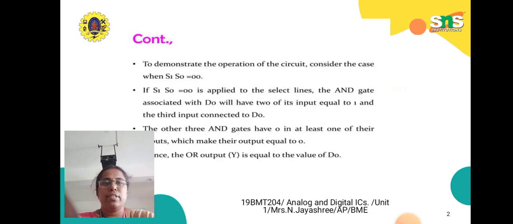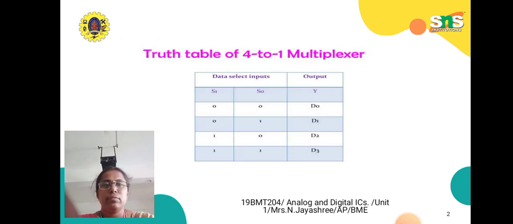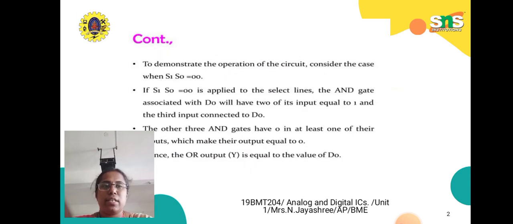Let us see it with the truth table. This is the truth table, right? If it is 0, 0, the output D0 is enabled. If it is 0, 1, the output D1 will come. If it is 1, 0, the output is D2. If it is 1, 1, D3 will come. If it is 0, 0, D0 will come. So let us see the first case.